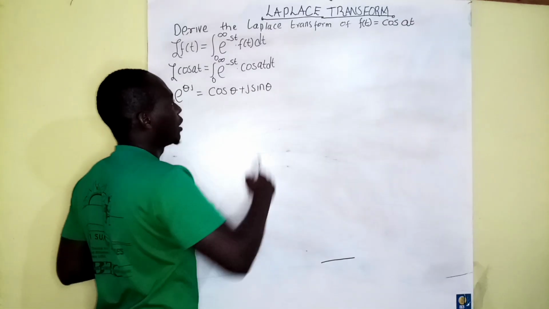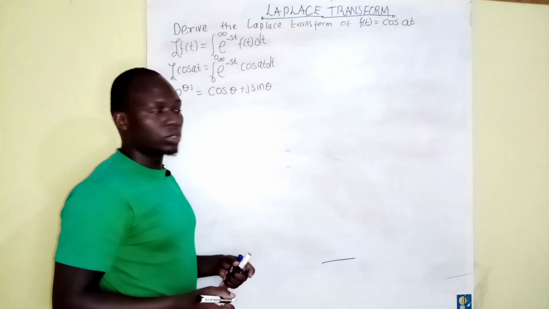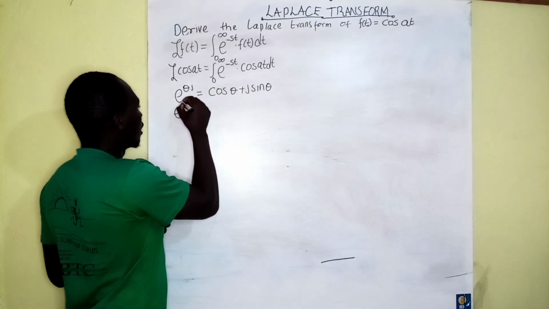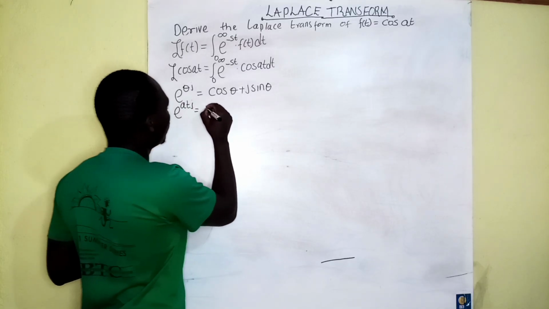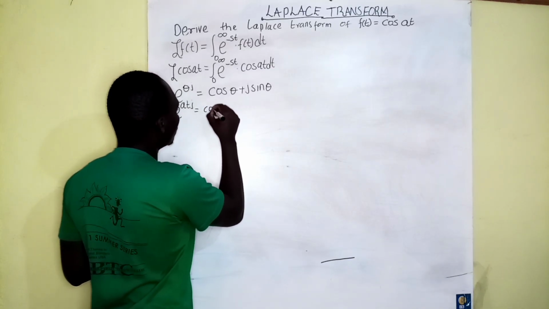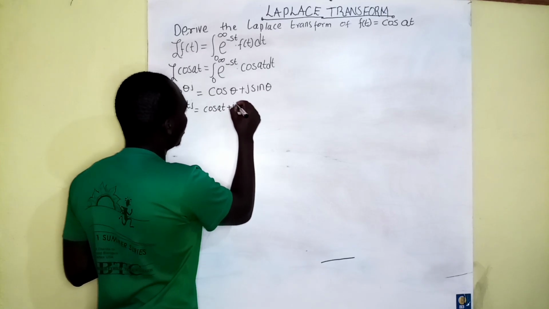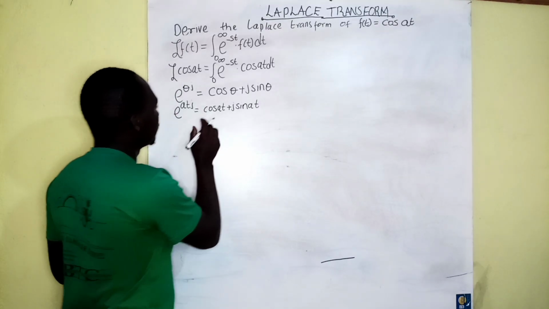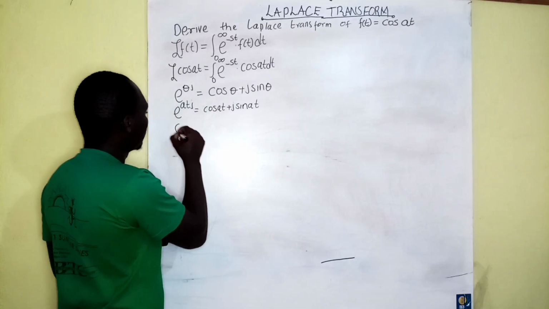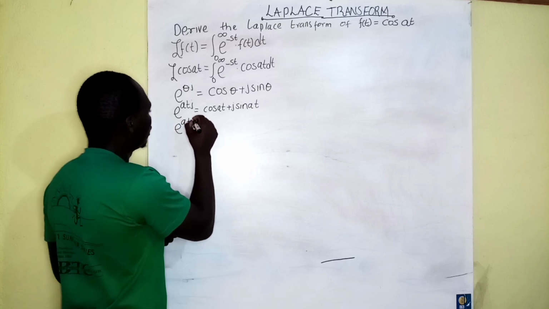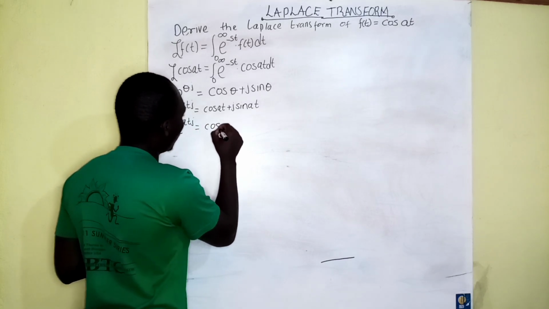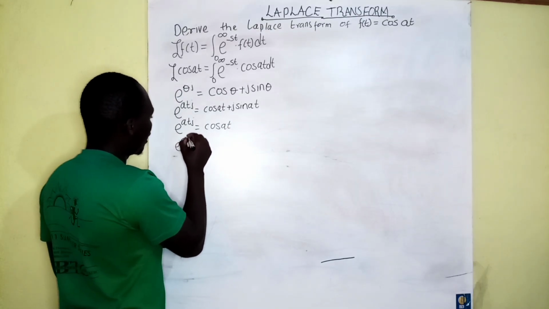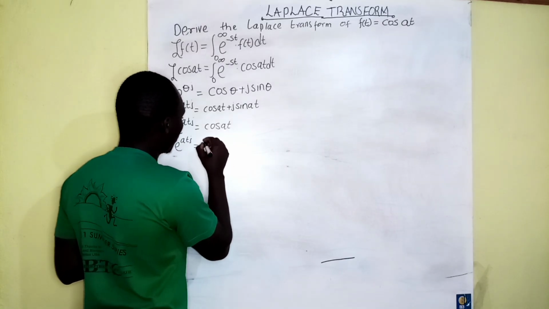But when you check here in our working, the angle theta is equal to at, to mean that exponential atj is going to be equal to cos at added to j sine at. So at this point we can say that exponential atj is equal to cos at, or exponential atj is equal to j sine at.